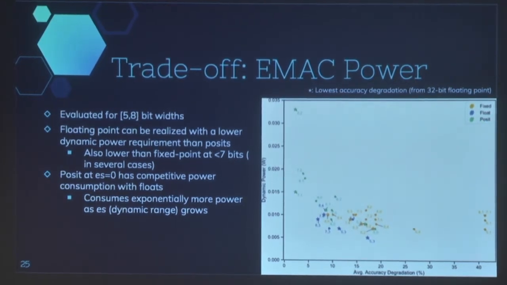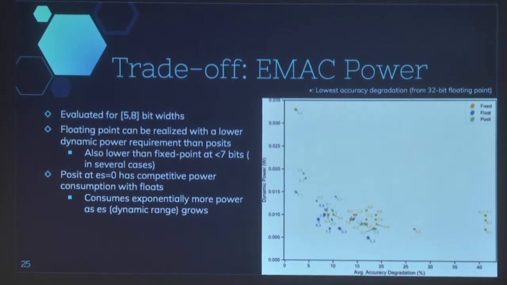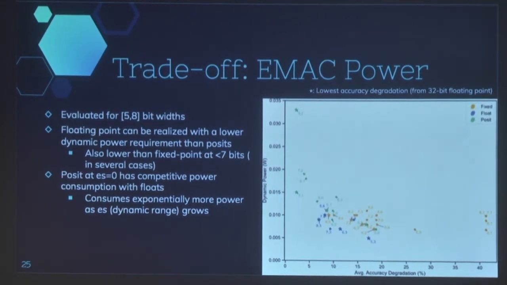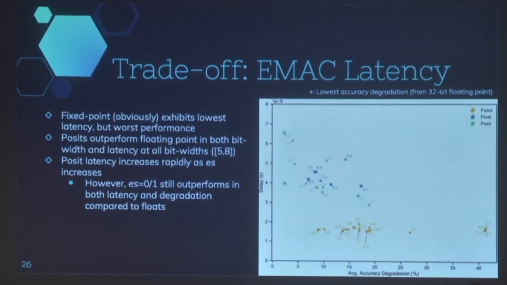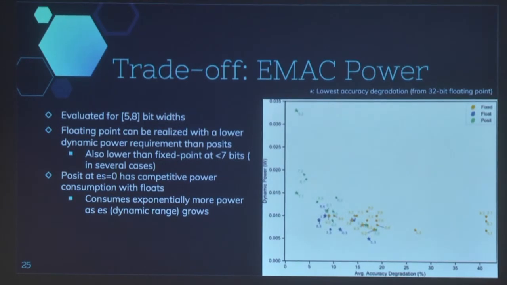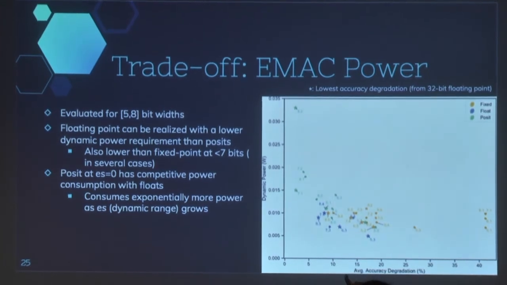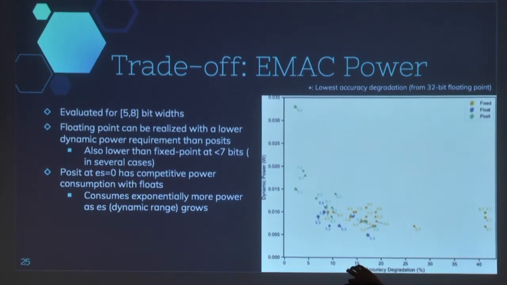And the stars here, so you see, what happened to this? Oh, I think the battery is dead on this one. Okay. So the stars are representing the lowest accuracy degradations. So the greens are the posits. You can see that posits have the higher dynamic power, especially when you're using higher ES values.